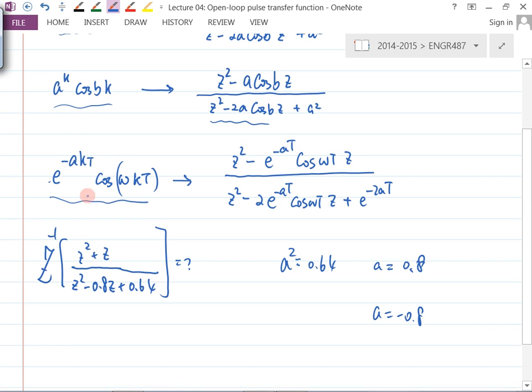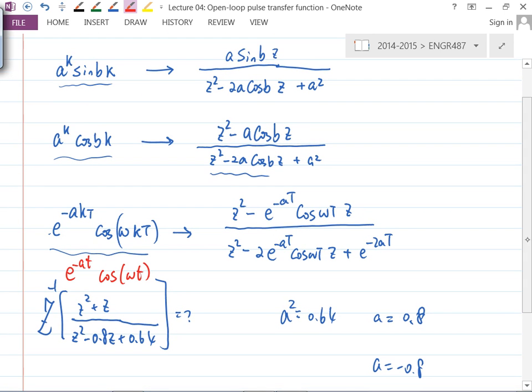This particular term comes from a time function like this. You see the difference between these two.